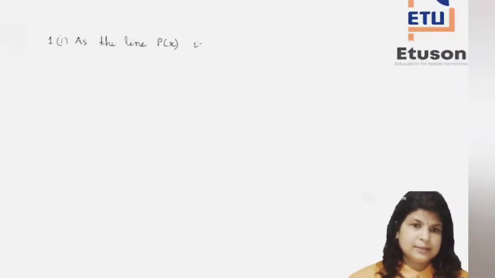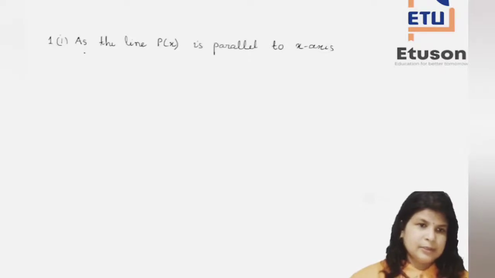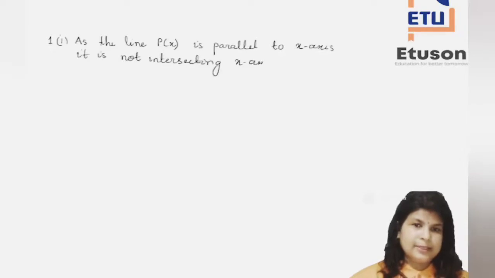So in question number 1, part 1, as the curve, the line p(x) is parallel to the x-axis, it is not intersecting the x-axis.